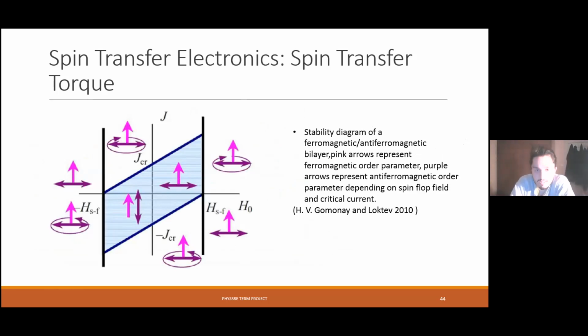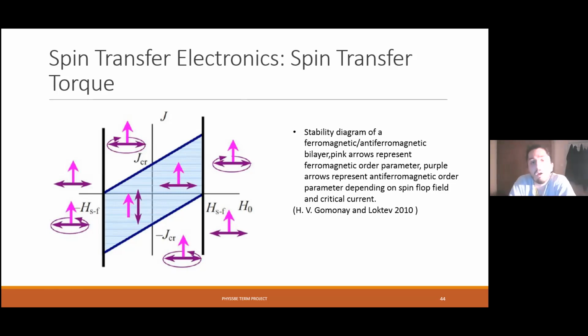So this is a quite important stability diagram of a ferromagnetic and antiferromagnetic bilayer. We are assuming that a polarized spin current getting into an antiferromagnetic structure with up spin is given by the pink one, and the antiferromagnetic moments are given by the purple one. J is the critical current, and HSF is the spin flop field, meaning the required external field to obtain spin flop. So, the ferromagnetic order parameter and spin flop critical current.